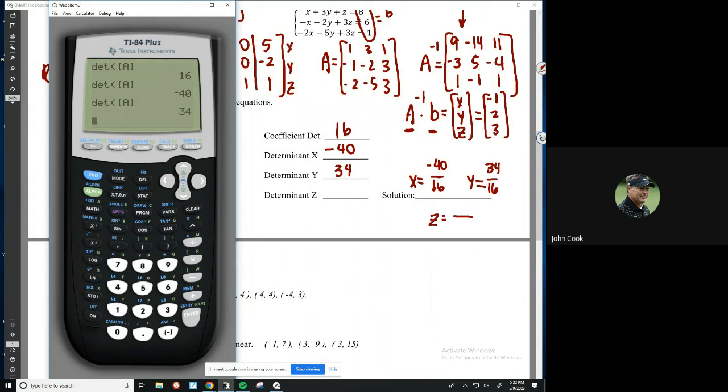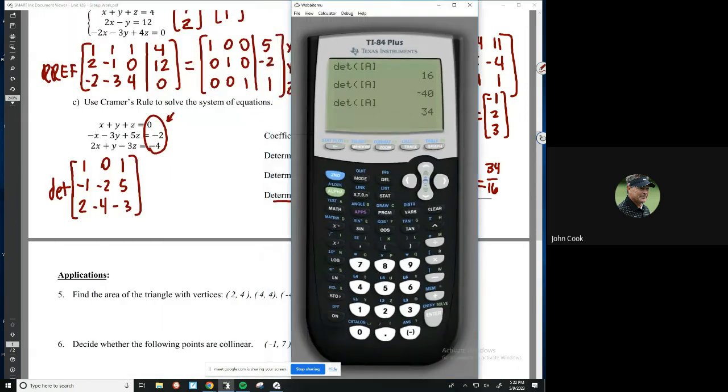Now let's get z. Let's figure out what the determinant of z is going to be. So what we do is, we keep the y values. We replace those back with what they originally were, 1 and -3 and 1. And now the z column we replace with 0, -2, and -4. And type it into your calculator again. So matrix, edit, 3x3.